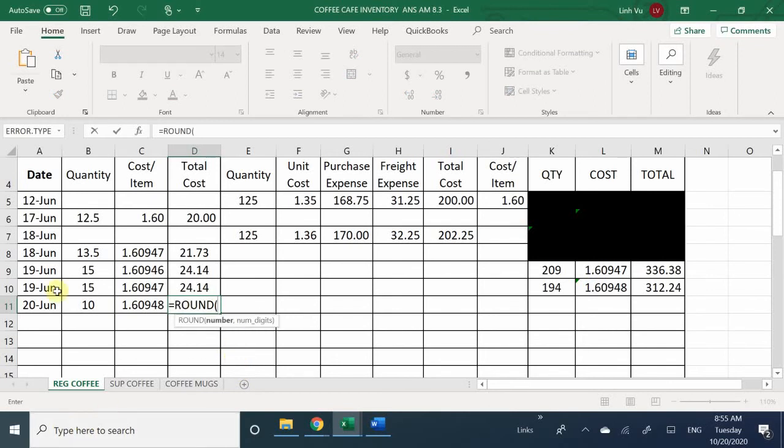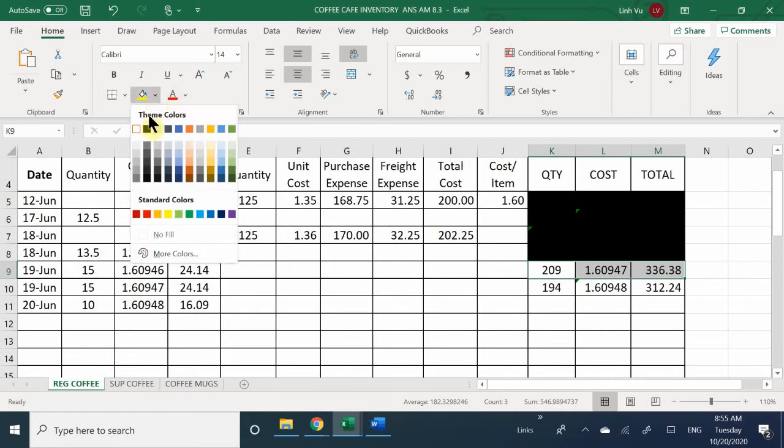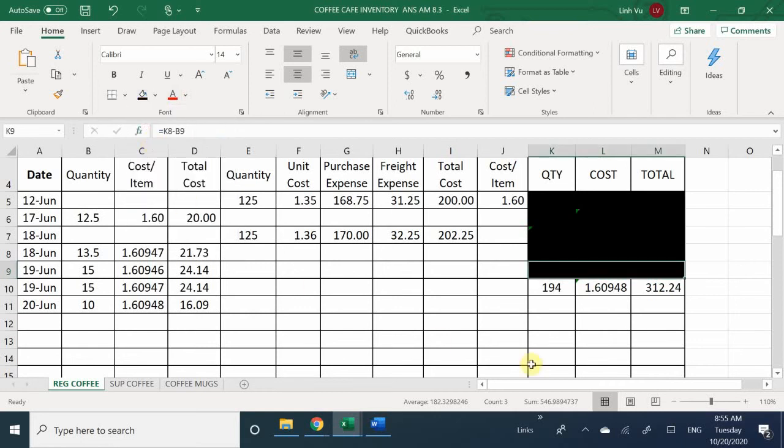We're going to multiply these across, and we want only 2 decimal places. So what do we get here? 16.09. Good.